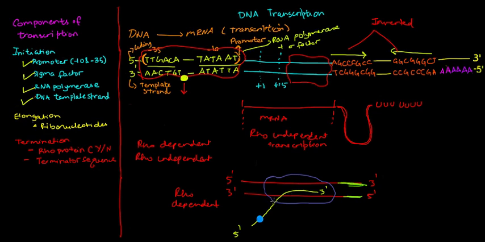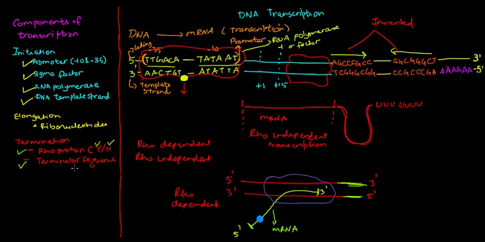After the encounter between Rho and RNA polymerase, the polymerase falls off and cleaves this mRNA. And transcription is terminated.